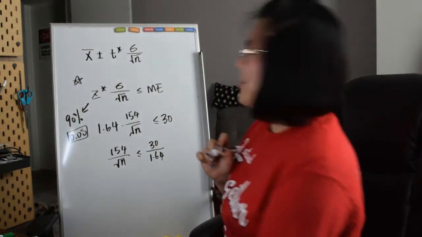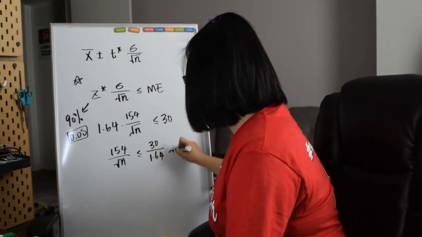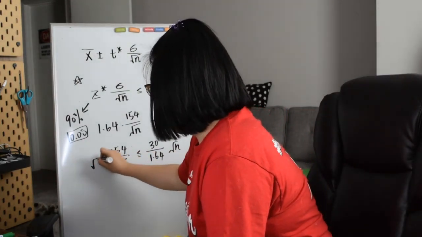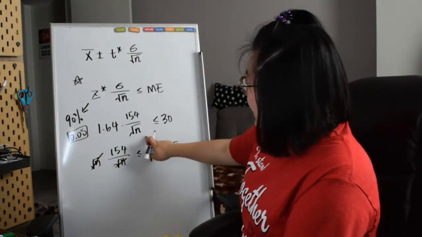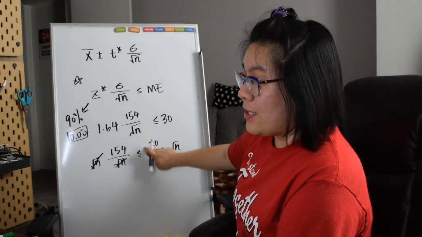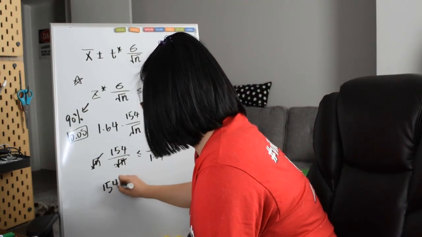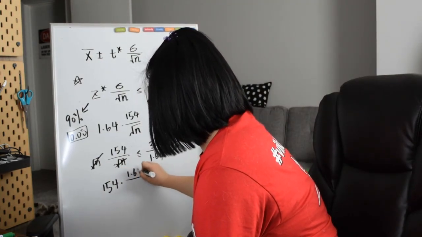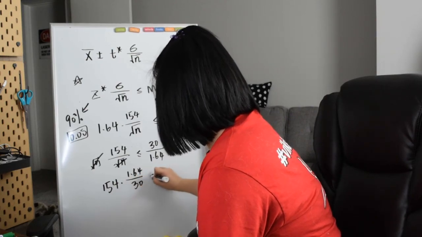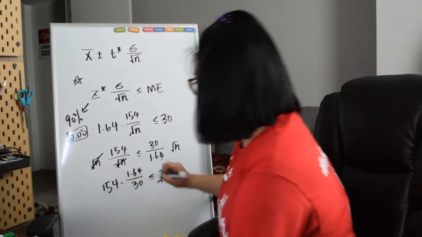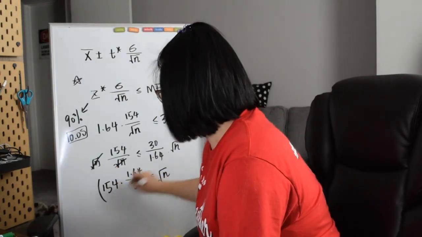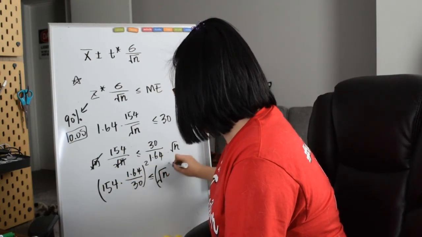All right, let's do that again. Okay, multiply by radical n. Okay, and then we're gonna divide by this whole thing, which is to multiply by the reciprocal of this whole thing. Okay, now it looks a little better. Look at this. Okay, square both sides.